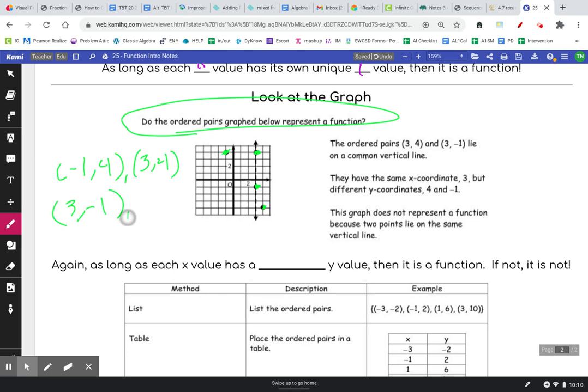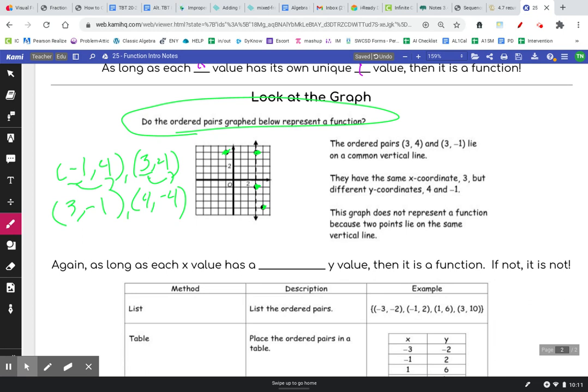And the last point we have looks like 4, -4. Okay. I'm going to use it kind of like I used up above. I plug in a -1, I get a 4. I plug in a 3, I get a 4. That's okay, right? The x's have their own unique y's.